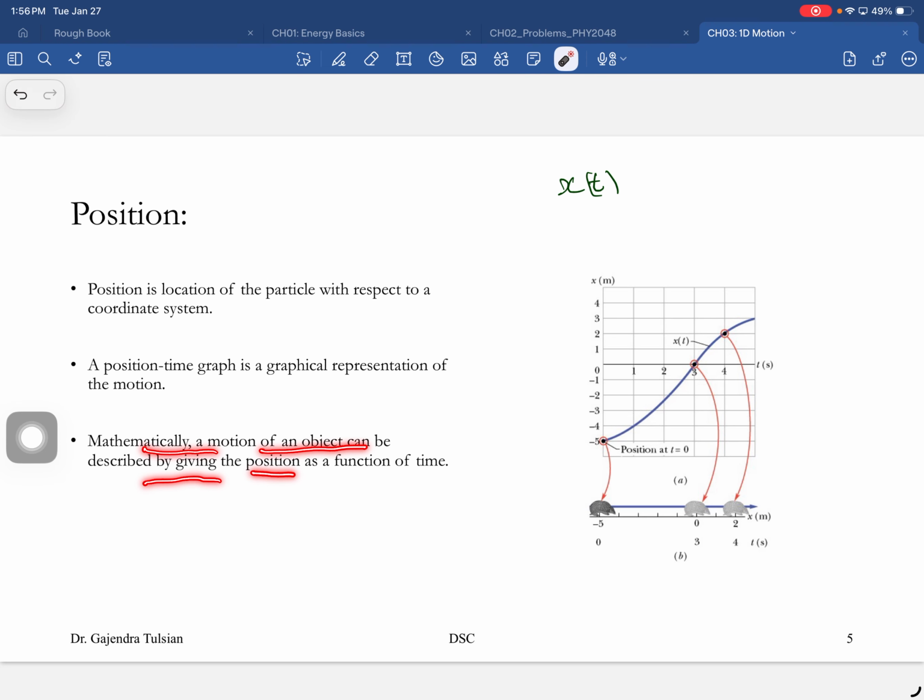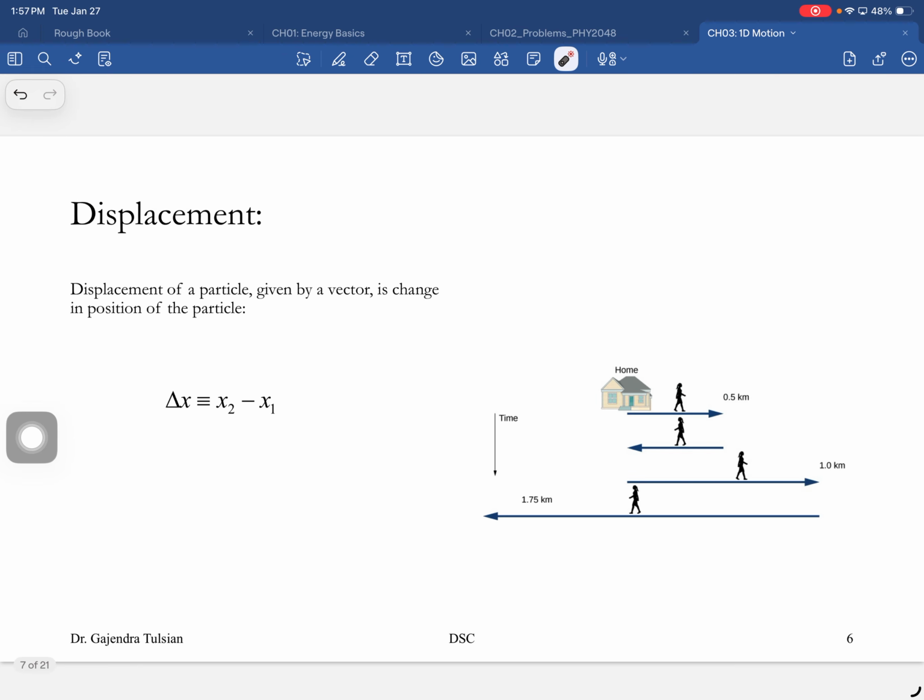Now we'll define average velocity. Velocity is a scalar or a vector? Vector. So velocity is displacement divided by time. Remember, this is a vector. Change in time is a scalar. So vector divided by scalar is a vector.